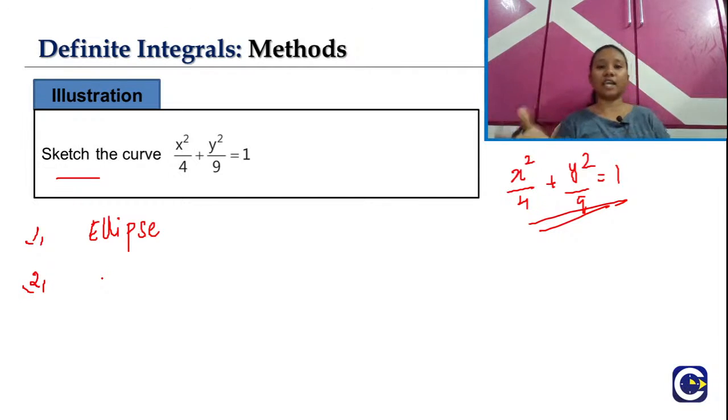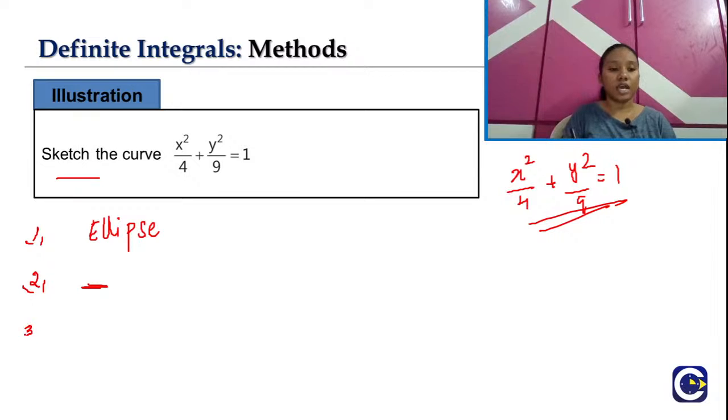Because we have to check that according to the steps which we have seen for tracing of the curve. The second step is to check whether it is passing through the origin or not. And third, Shivaranjan has already given the intersection points on the x-axis as well as the y-axis.